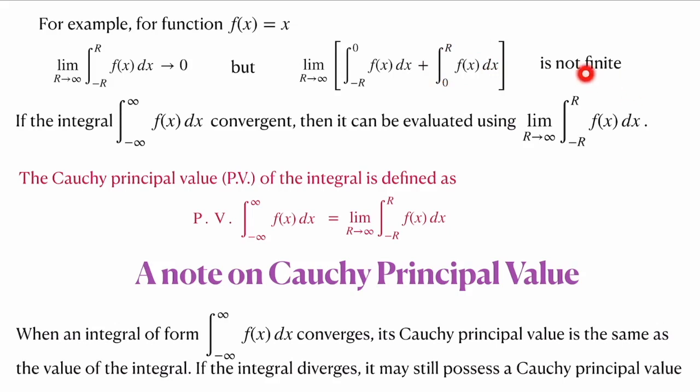But the Cauchy principal value of the integral converges because the odd function values get exactly cancelled out with respect to each other. So this clearly shows that if the integral converges, its value must be the same as the Cauchy principal value.